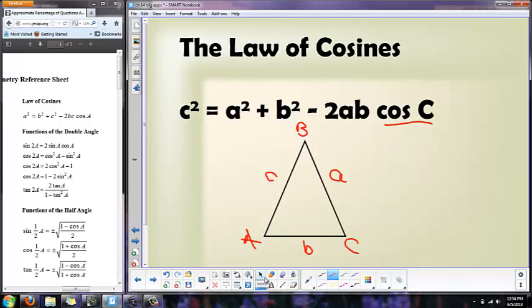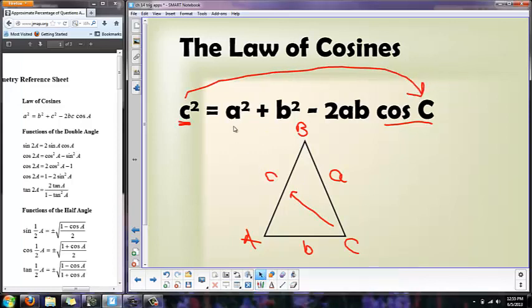The C had to be the hypotenuse. Well, in this case, the C, the number that you start with out front, has to be equal to the side that's across from the angle. Okay, see how that's little c and that's big C? That always has to match.